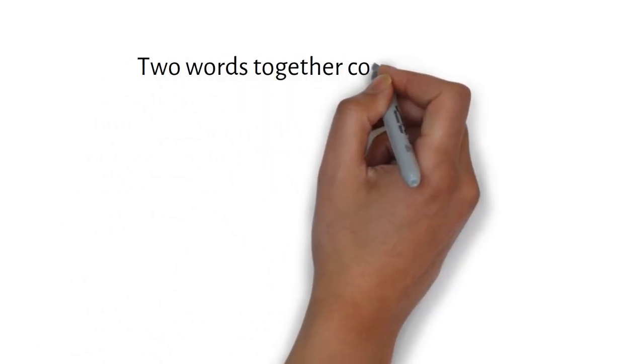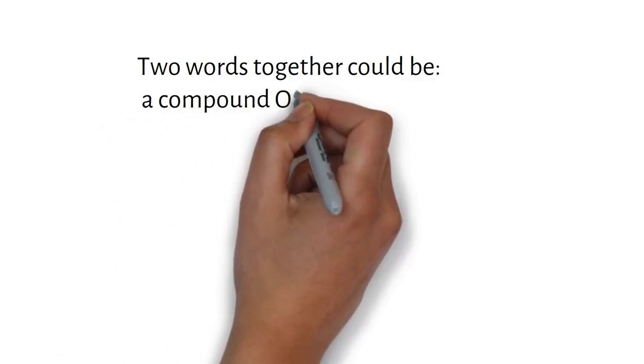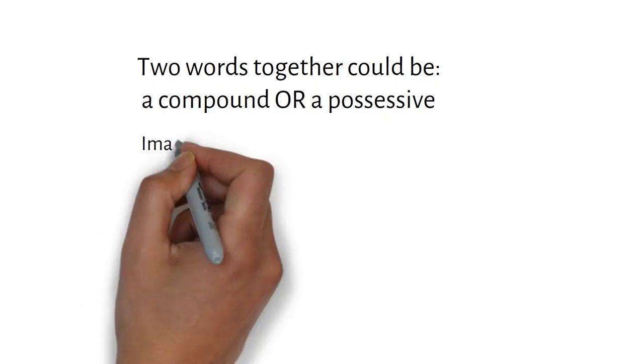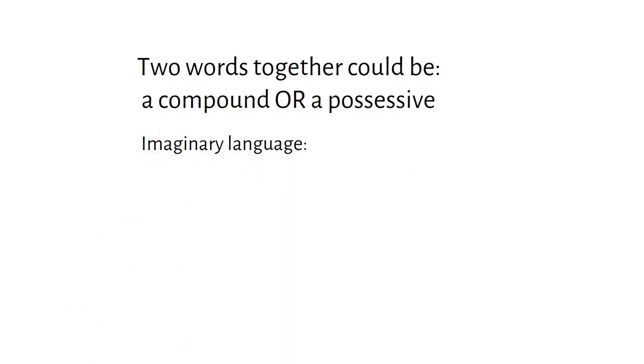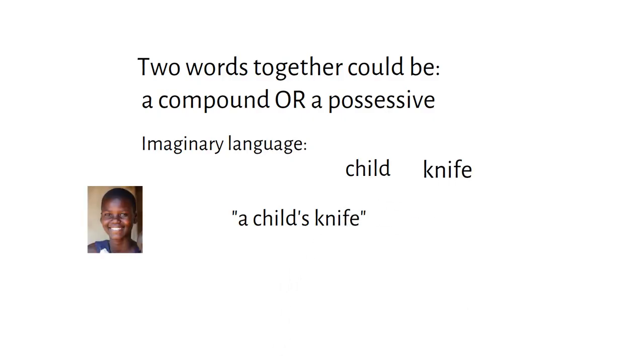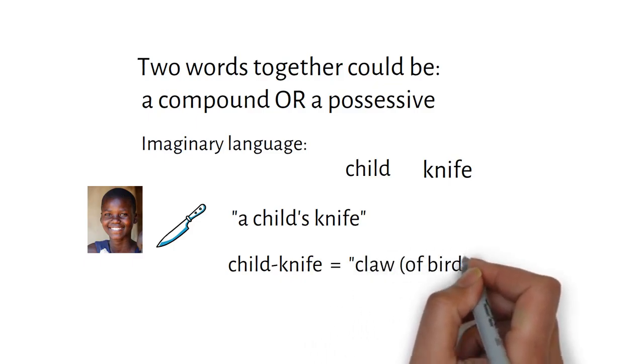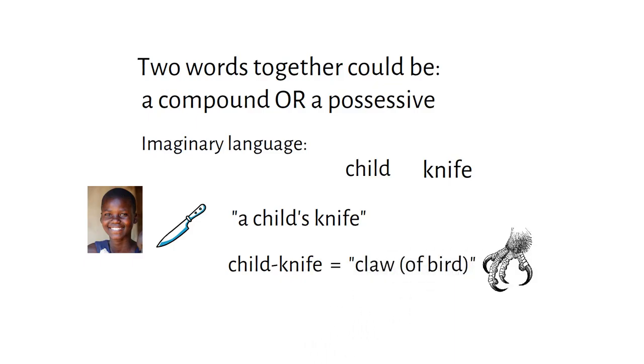Sometimes a language will put two words together, and they could be either a compound or a possessive. Let's imagine a language. If you put child and knife together, does it mean a child's knife? Or could it be a compound, child knife, meaning maybe a claw of a bird? You can usually know if it is a compound by thinking about the meaning of the whole word and its parts.